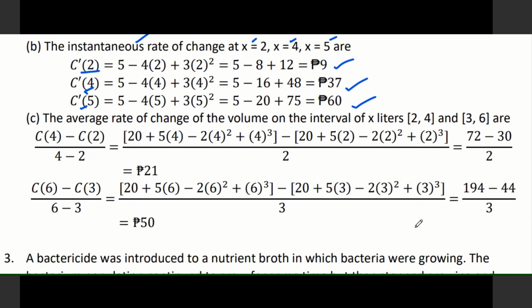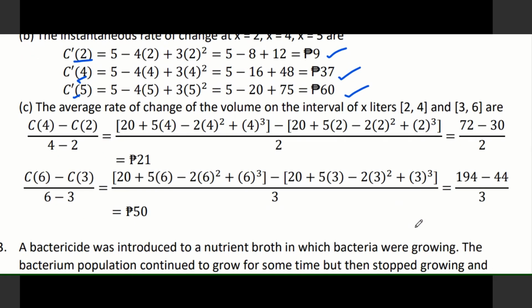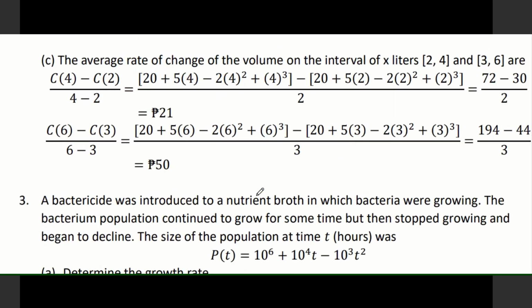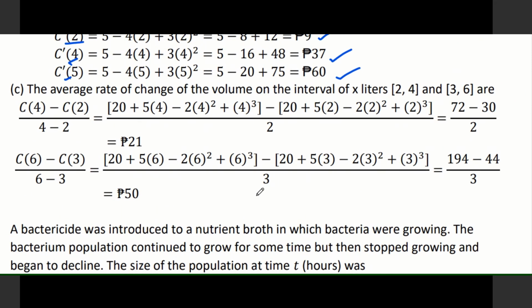Now for letter C, the average rate of change of the cost on the interval, ang gagamitin mo naman dito ay yung mismong function C. Okay, so we have C of x is equal to 20 plus 5x minus 2x squared plus x cubed. Now substituting that and get the average, so we have from 2 to 4, sabi niya mauuna ang 4, then 2, so 4 minus 2 is 2.